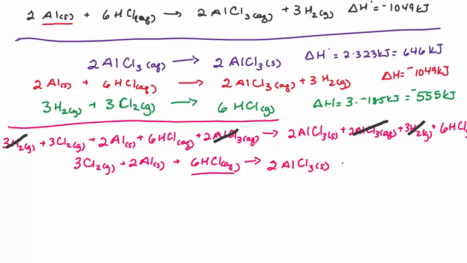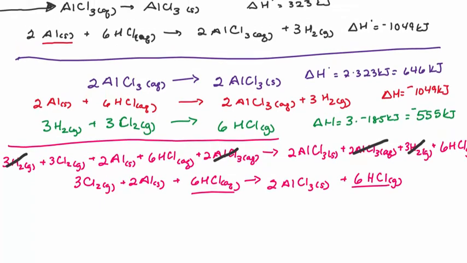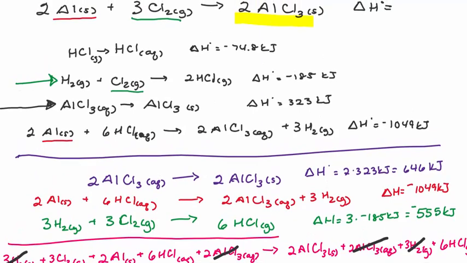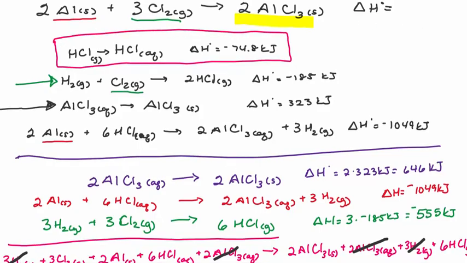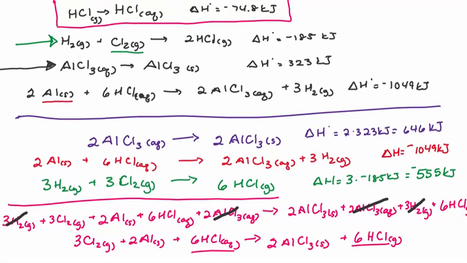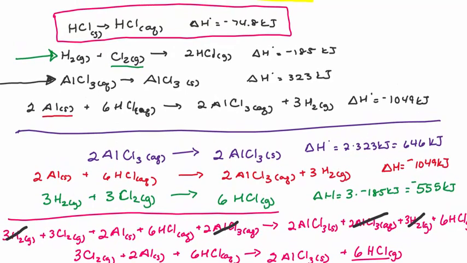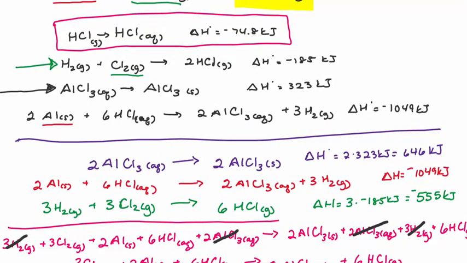So I'm going to scroll back up here, and this is where this term comes into play. So this step here is what's going to help me eliminate those hydrochloric acids. So I have gas on the product side, I need gas on the reactant side, and it is as it's written above. So I need to multiply that equation through by 6.